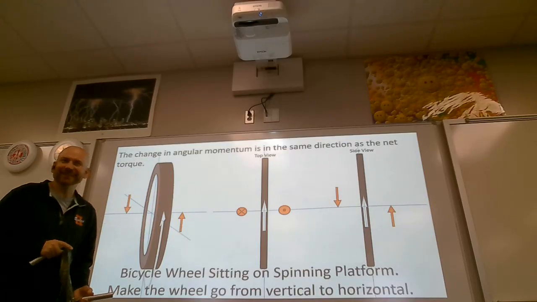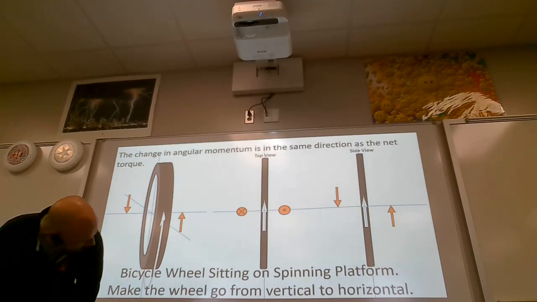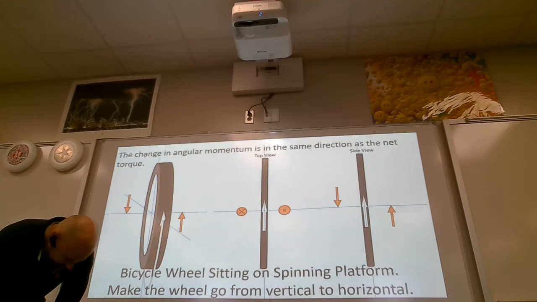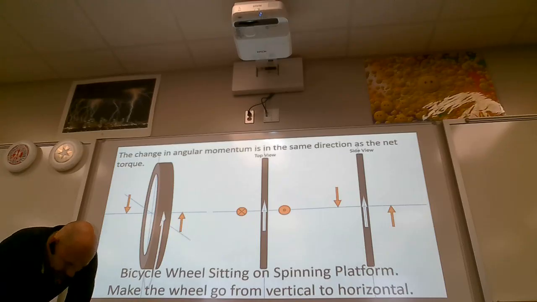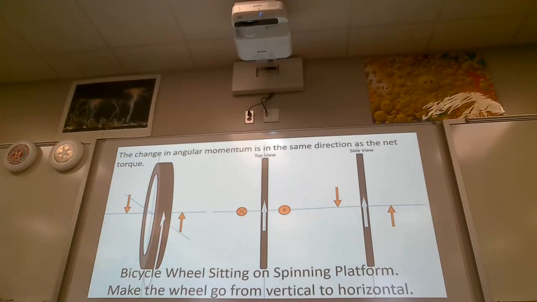Let's figure out what it does first, and then we'll demonstrate, because it might go flying. Okay? So, which way?